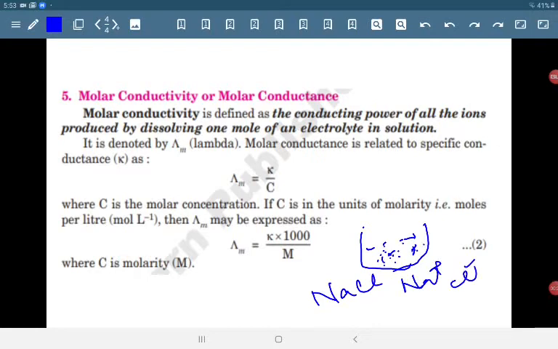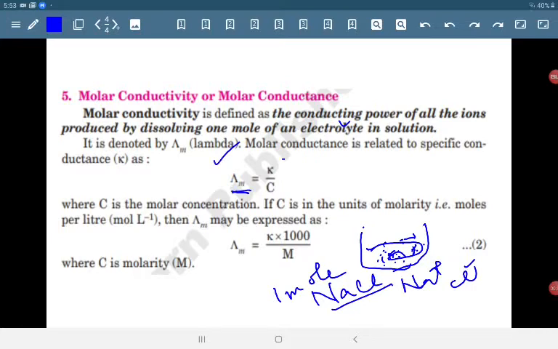The conducting power of all the ions produced by dissolving 1 mole of electrolyte is called its molar conductivity. It is denoted by lambda with a small m, lambda m.